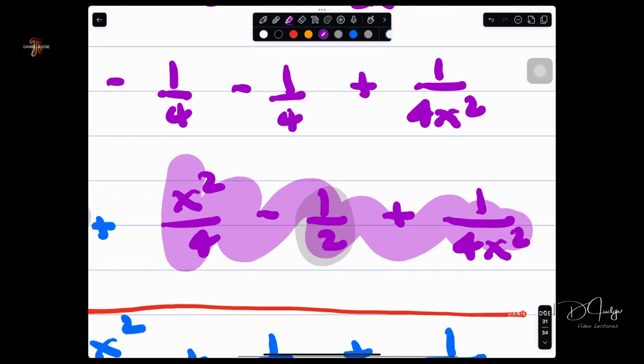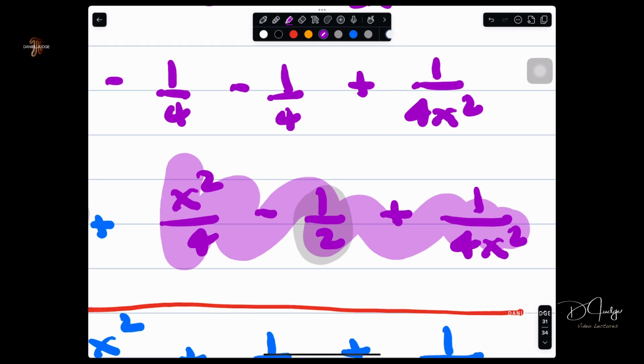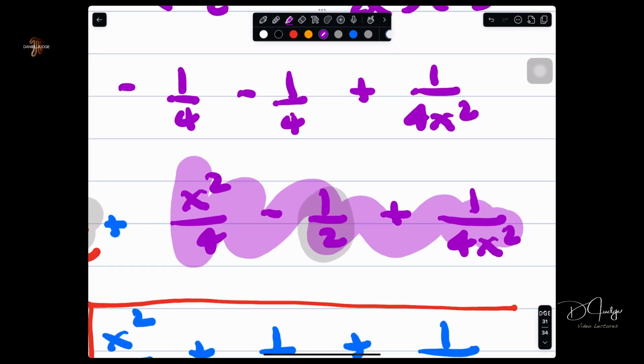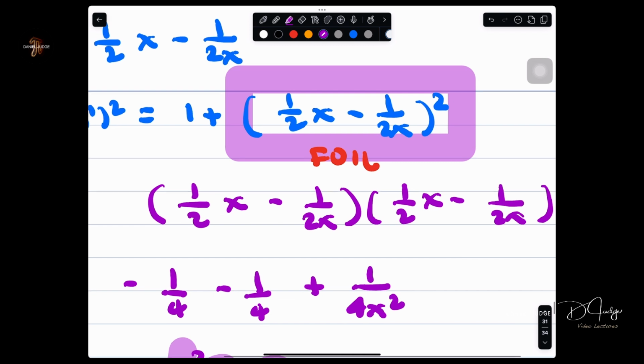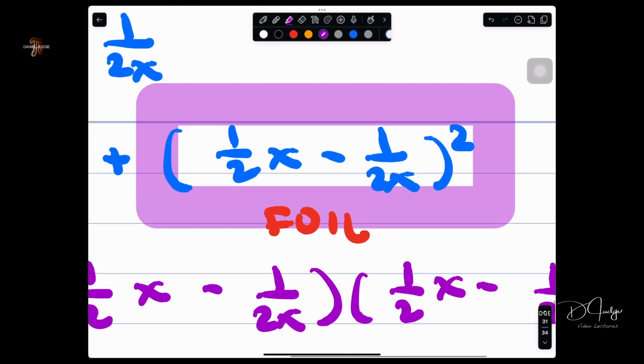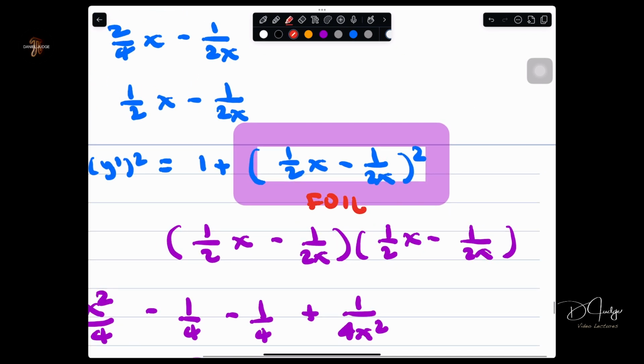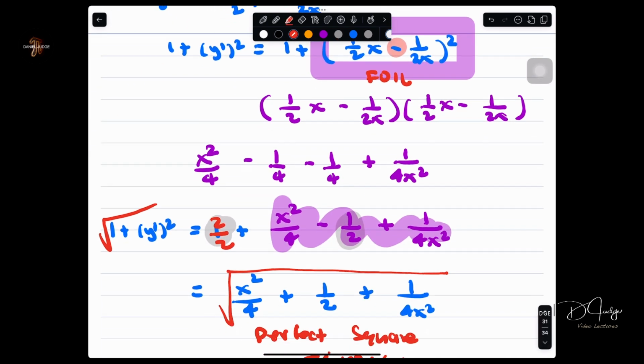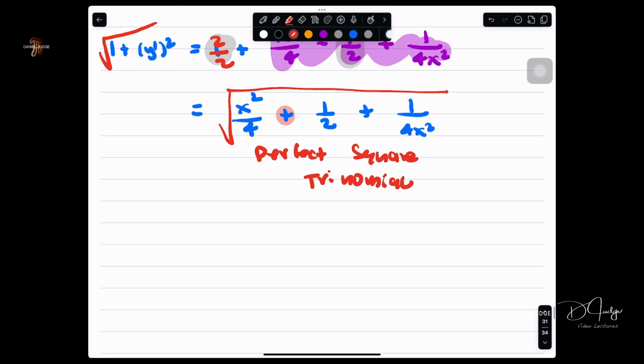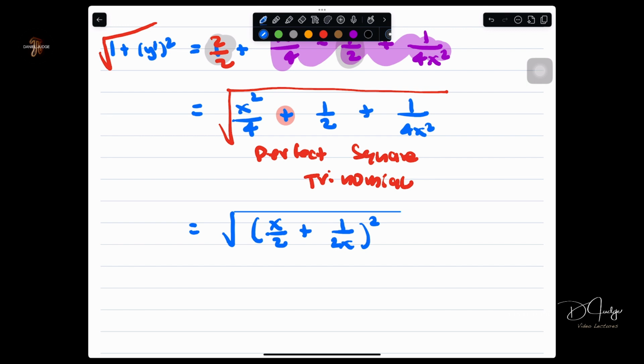The x squared over 4 minus 1/2 plus 1 over 4x squared is really what you see up here. It's 1/2 x minus 1 over 2x to the second power. So that difference here now in this situation is a plus, meaning this is x over 2 plus 1 over 2x to the second power under the radical.